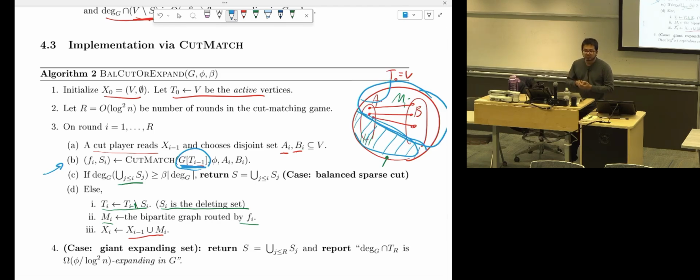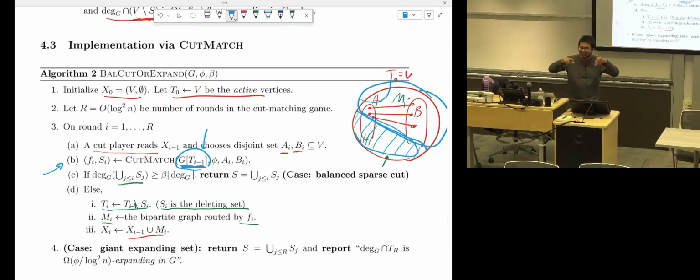And continue. So this is important: you work on only the active set, so that every sparse cut that you get is a disjoint cut.